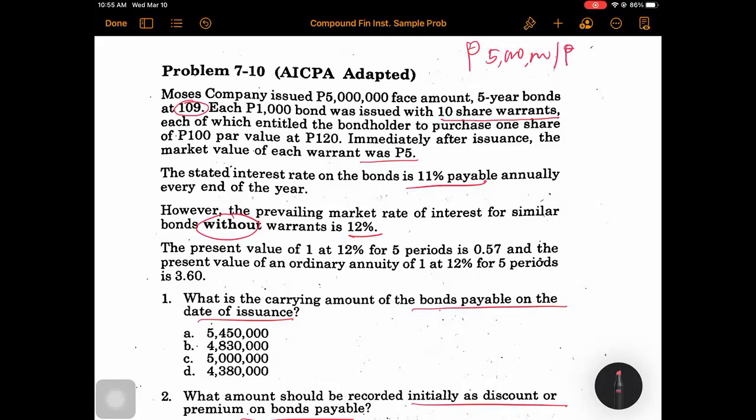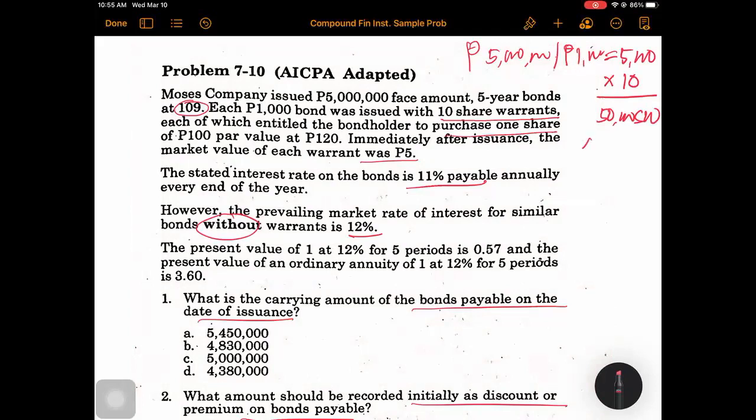Divide 1,000. So pila ka bonds tanan ni? That's 5,000 bonds. Each 1,000 bond was issued with 10 share warrants. So kada isa, naay share warrants nga 10. Therefore, that's 50,000 share warrants. Each share warrant is entitled to purchase one share.